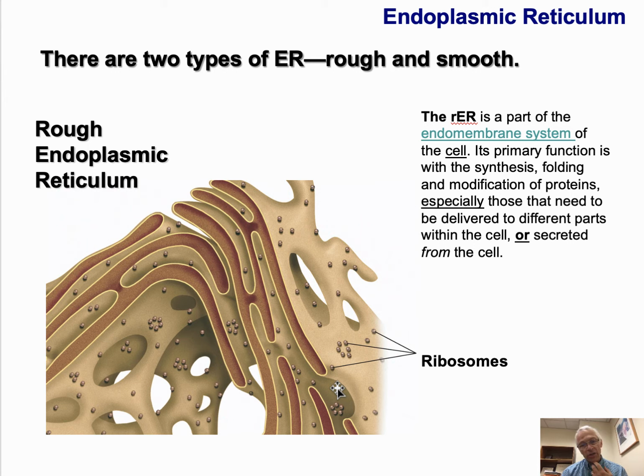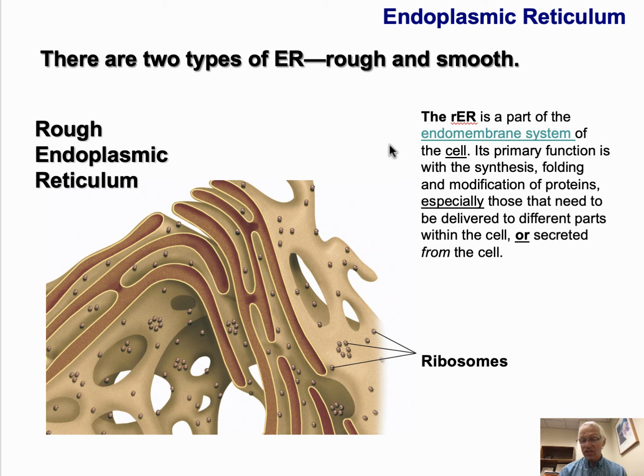Here's the rough ER showing the ribosomes and bringing up for the first time this term endomembrane system. Eukaryotic cells have these membrane-bound organelles with a membrane around them that are important for lots of the functioning of the cell.